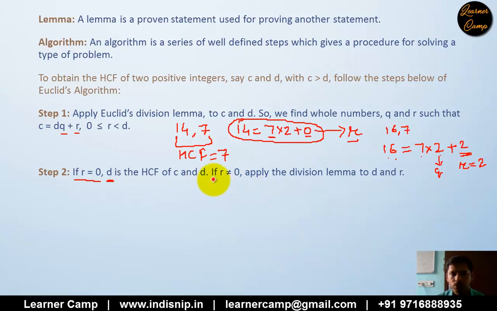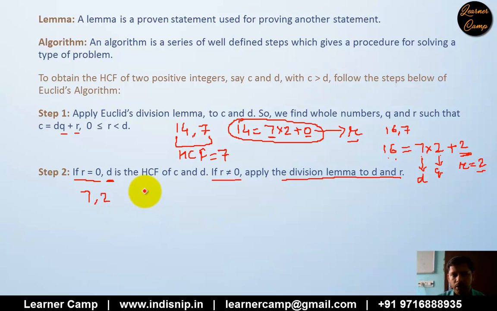If we go to step number 2, it says if r is not equal to 0, then apply the division lemma to d and r. So d is 7 and r is 2. We apply Euclid's division lemma to 7 and 2 in this case.